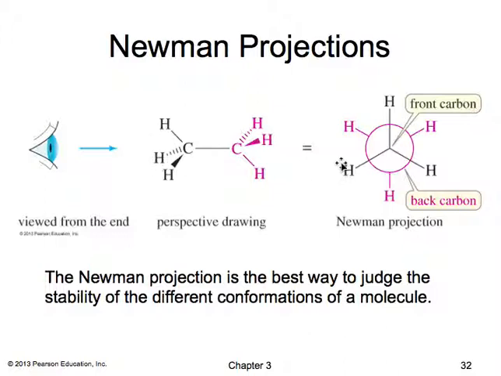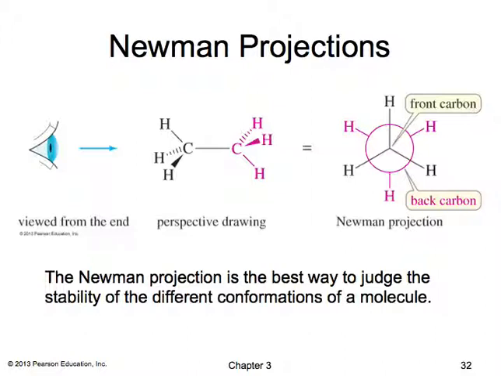This left hydrogen goes to the left of your eye, to the right of your eye is this hydrogen, and then right to the top becomes a hydrogen here. Then this hydrogen is to the right, this hydrogen's to your left, and this hydrogen goes down here. This is a staggered Newman projection conformation where you're looking at your front and your back carbon barrel on.